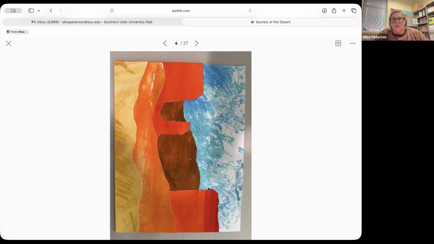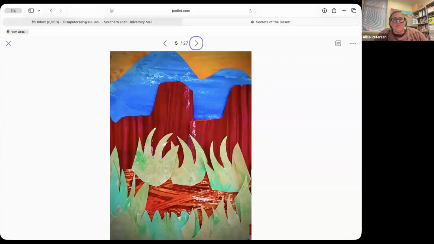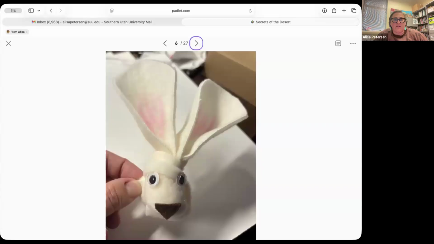And they look beautiful when we turn them into these little collages. I love the plants here that are framing the front of the page and the really deep red landscape cliffs there. Excellent jackrabbit. I love the vessels in the ears to show us that that jackrabbit can cool down.